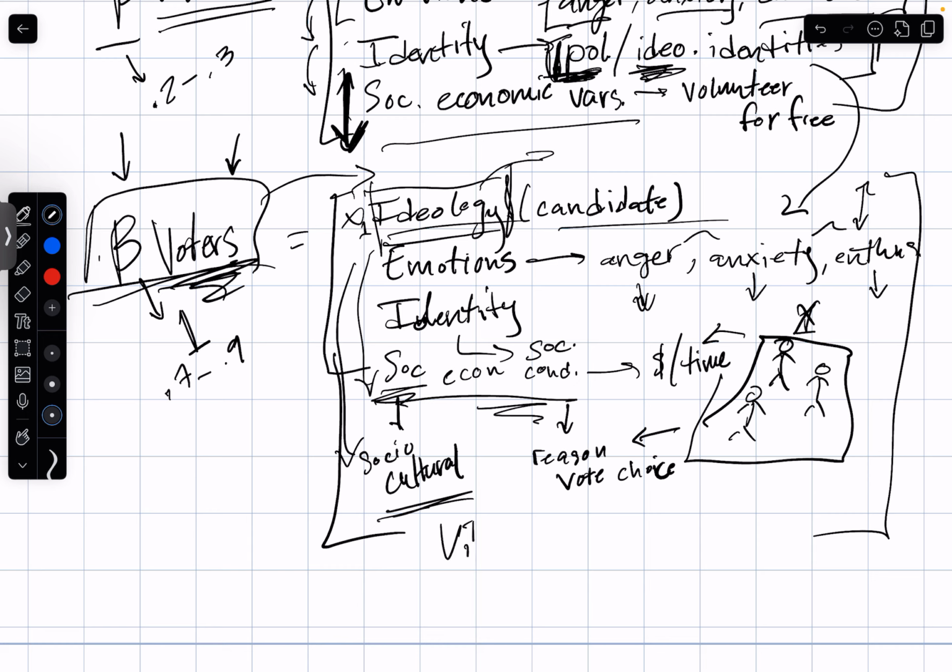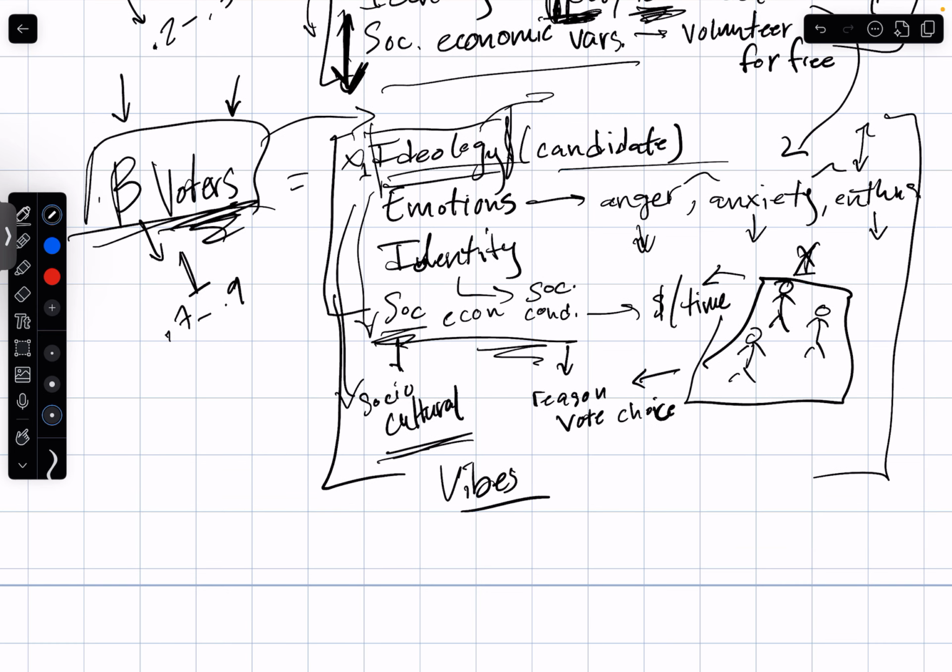And I'm going to add another thing, vibes, all right, which may or may not be the same exact thing as emotions. And here's part of the reason why they might not be. There's been some research that suggests, and we talked about this a little bit in discussion, that voters penalize incumbent elected officials if they're presiding over a period in which a natural disaster occurred.